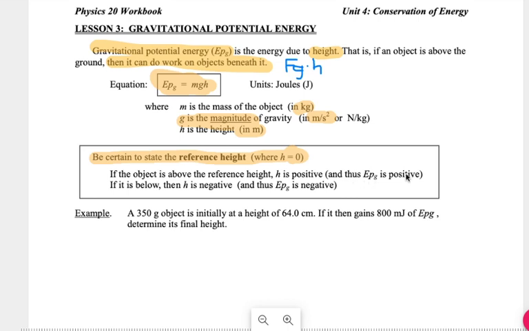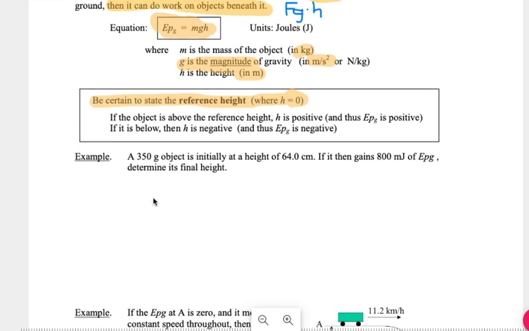And we have positive potential gravitational energy. But if it's below that reference height, now we have a negative height, so a negative potential, right? So we can change this h to be positive or negative depending on whether we're above or below our reference point, our reference height. All right, let's look at our first example.